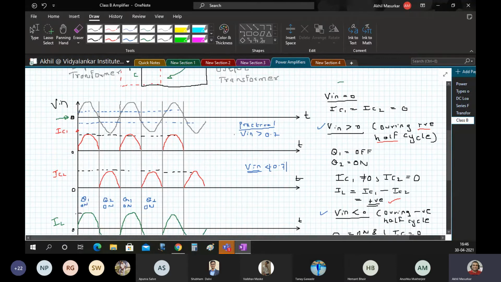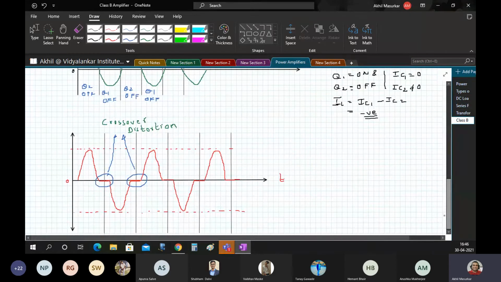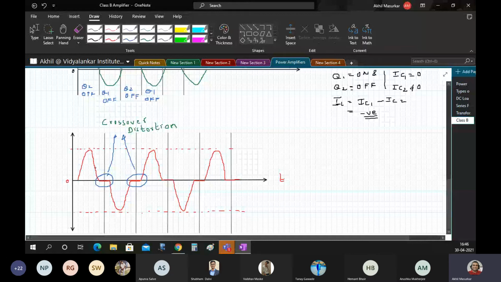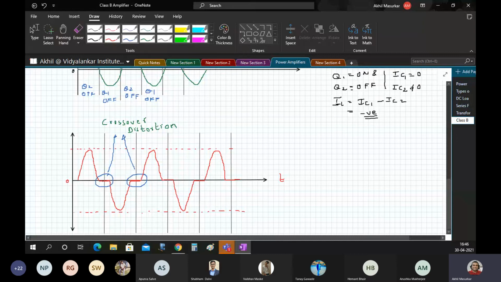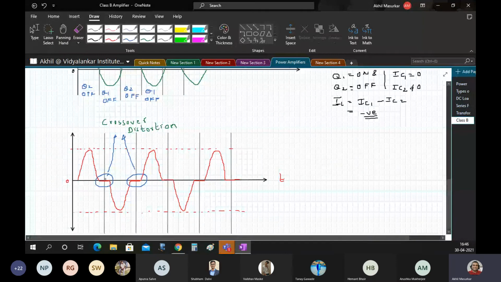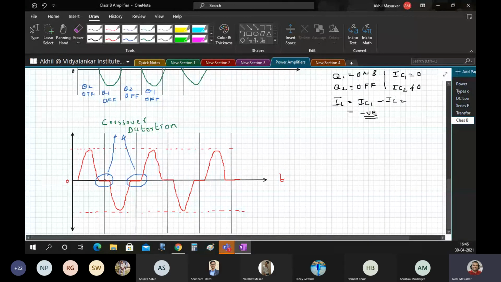So if you take these points down like this, what we get is conduction only for a certain time, and that is why we get a flat response here, and that causes some distortion at the 0 cross.